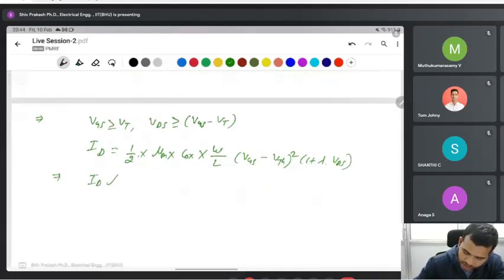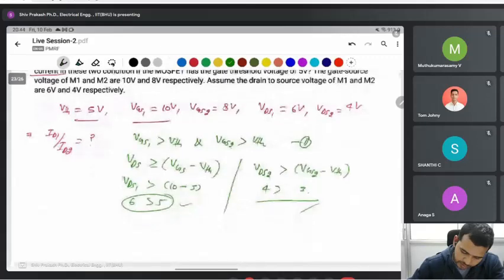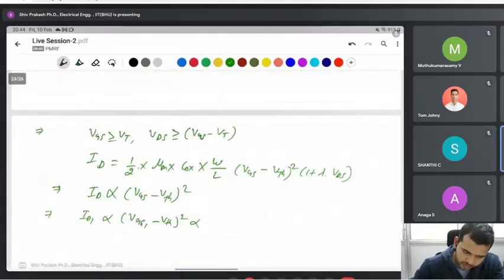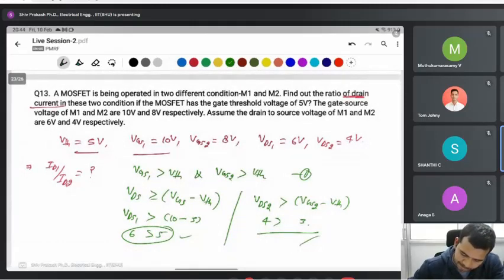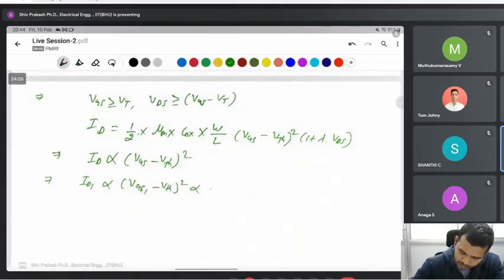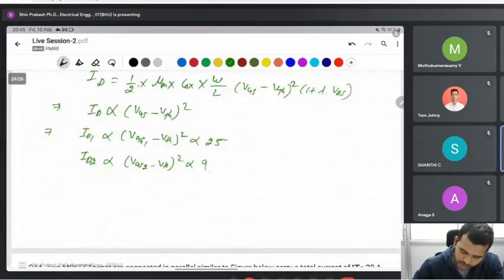It means you can say ID is directly proportional to (VGS minus VTH) squared. For ID1, it is proportional to (VGS1 minus VTH) squared: VGS1 is 10 minus 5, squared, is 25. For ID2, VGS2 minus VT is 8 minus 5, which is 3, squared is 9.